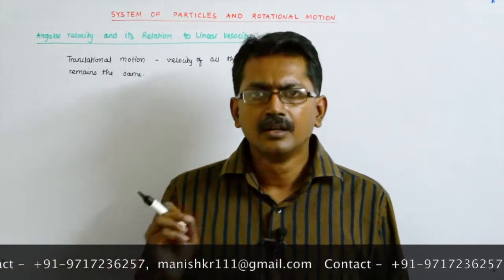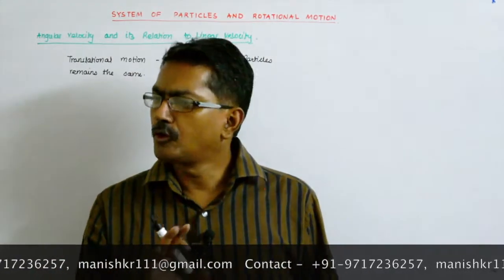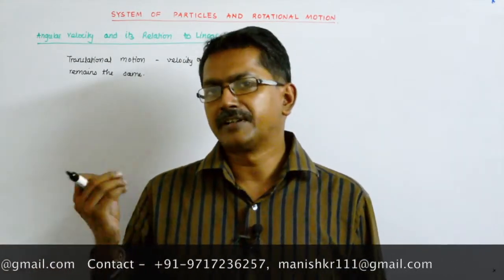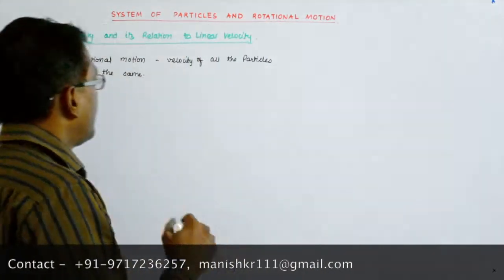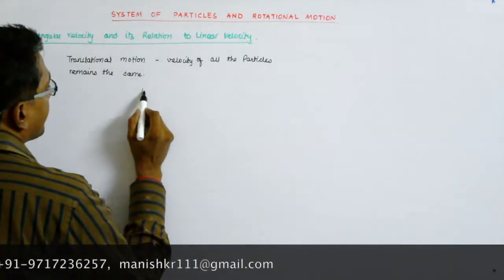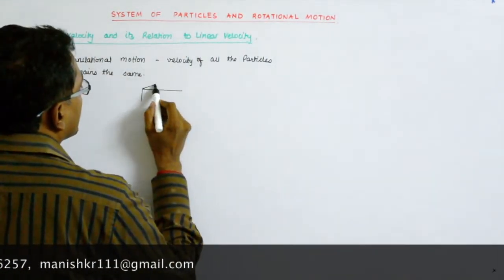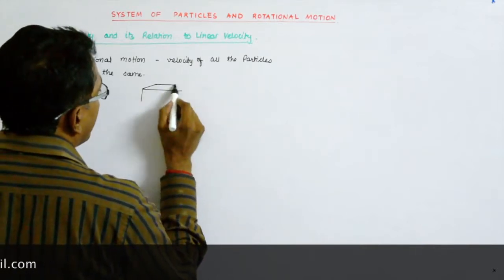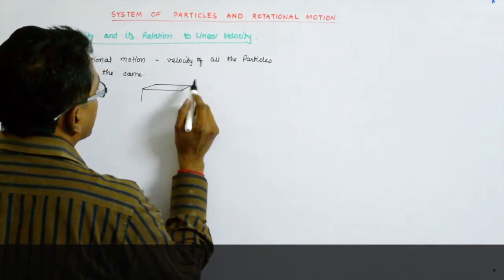So if I say 5, any particle that you pick up out of all the particles that it has, for example, it is a brick, it is composed of infinite number of particles, and that brick slides.